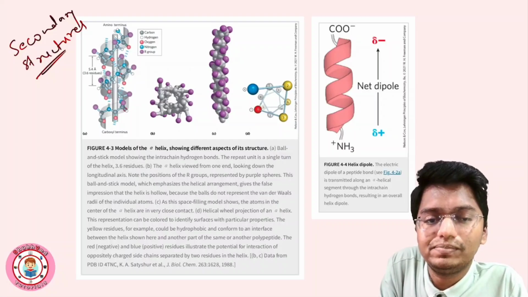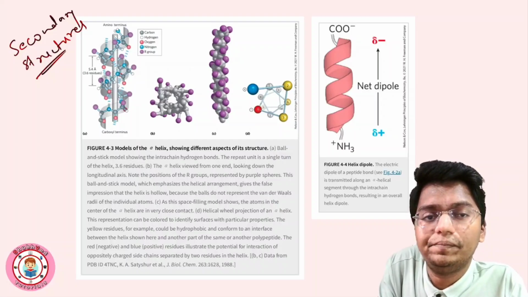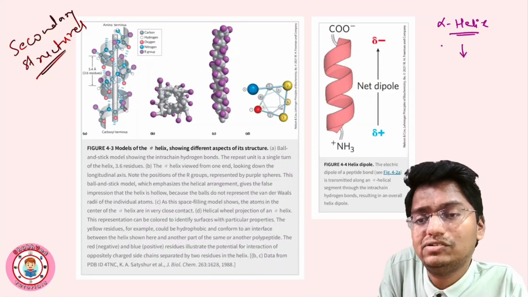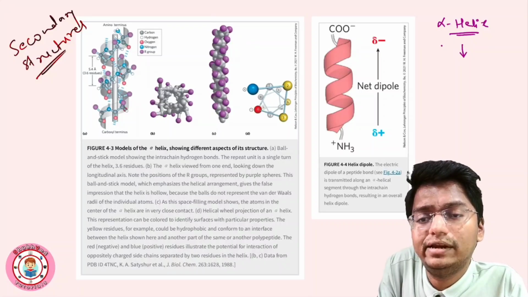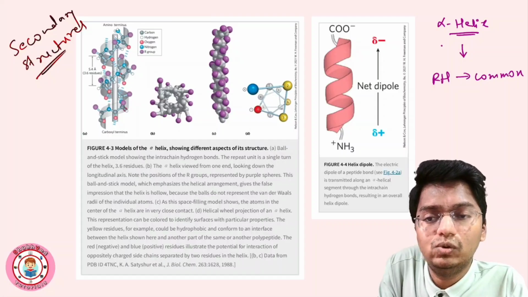Okay, now of this alpha helix, to tell, the secondary structure, sorry, right-handed, RH is the commonly found. Okay, common.